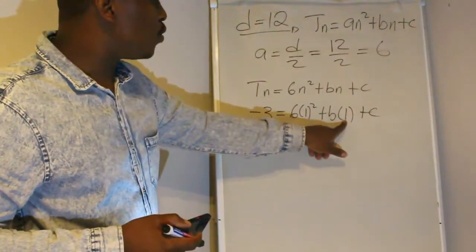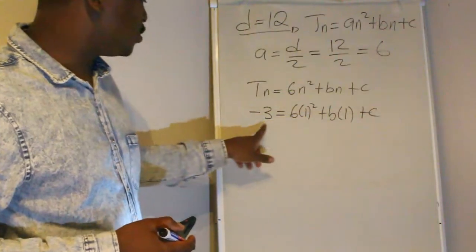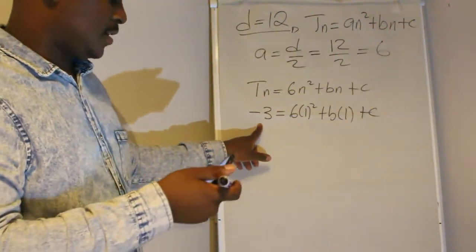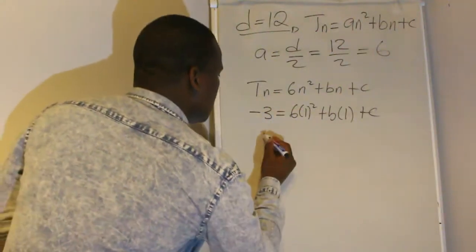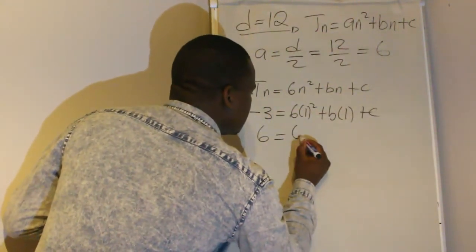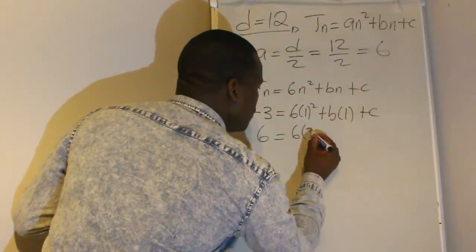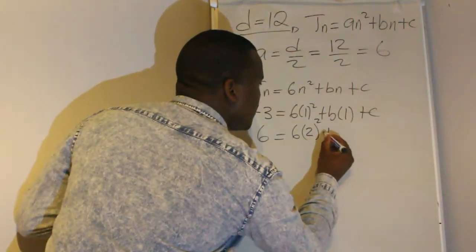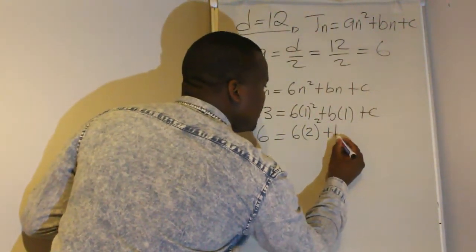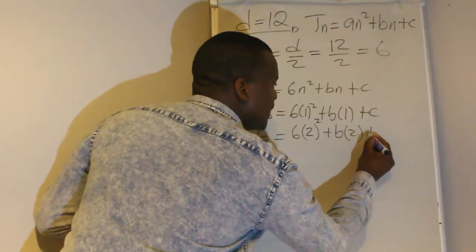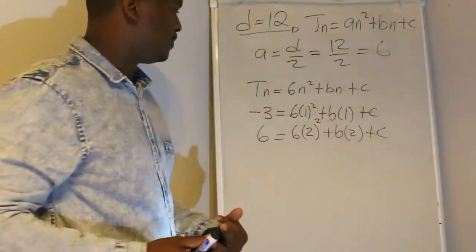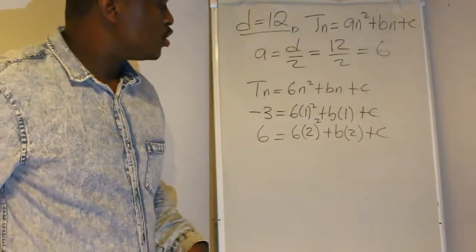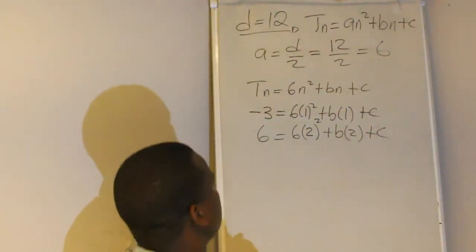Similarly, the second term was 6, so when you put 2 here, plus b into 2, plus c, it should give you 6. So what we do now is simplify these two equations.